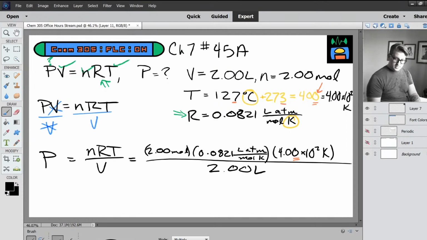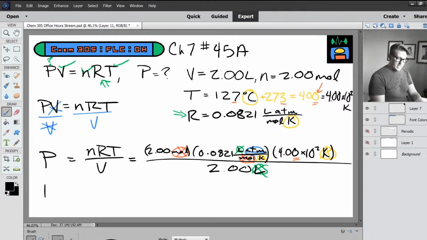And now you'll notice liters cancel liters. Kelvin cancels Kelvin. Moles cancel moles. And we're left with atmospheres, which is a pressure unit. So we have 2 times 0.0821 times 400 divided by 2.00.